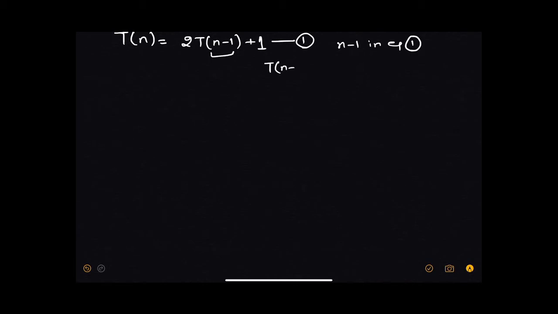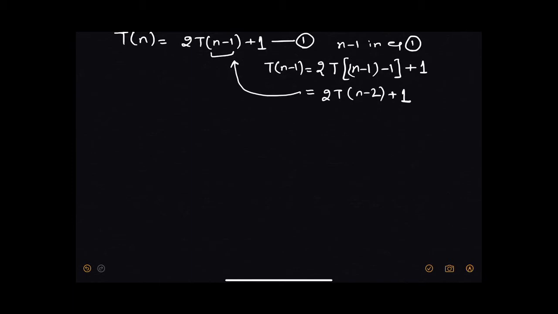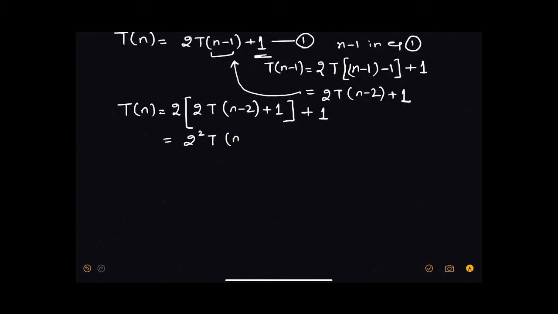What I get is T(n-1) = 2T(n-2) + 1. I back substitute this into T(n). So T(n) = 2(2T(n-2) + 1) + 1, which becomes 2 squared T(n-2) + 2 + 1. Correct? This is my equation 2.